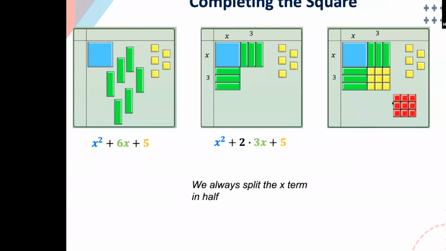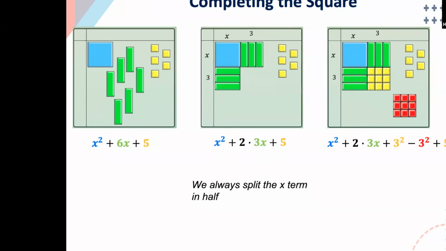I added things, but I still have x squared plus 6x plus 5, because when you add these new things up, it's 0. That's why they are called zero pairs in algebra tiles. When you have different colors, 1 yellow and 1 red, they are called a zero pair, because 1 positive and 1 negative makes 0. So I basically added 9 zero pairs in order to not change the value of my original quantity.